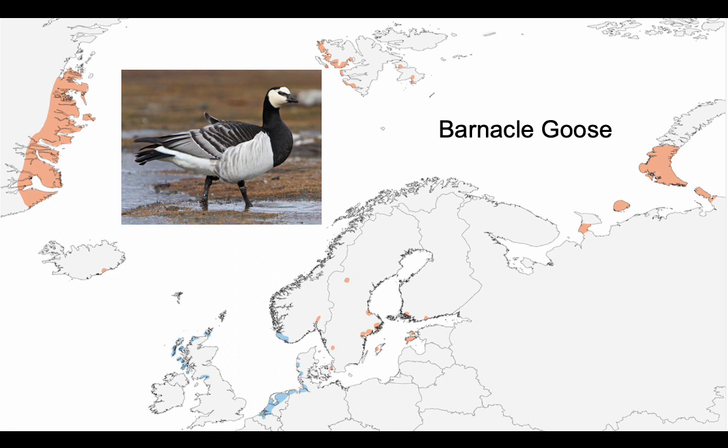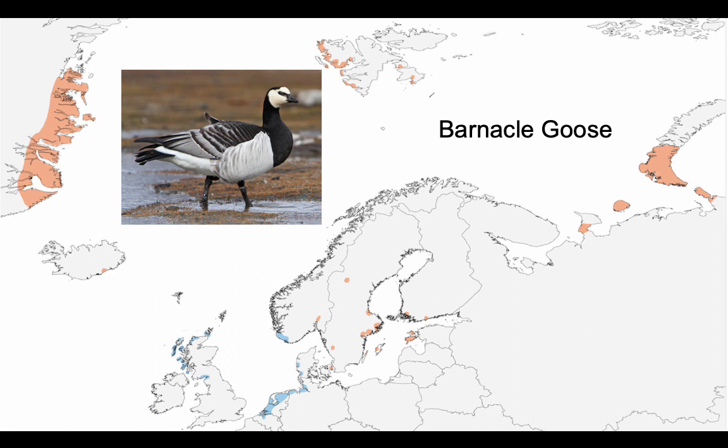And so we can see here areas nesting at various coastal regions, both in Europe and over in North America, or actually in the far upper left here we have Greenland, I believe.